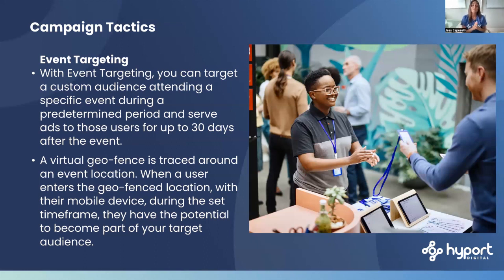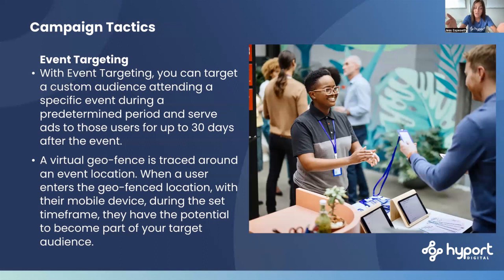An example of this would be, let's say you own a company that builds decks and fences, and there's a home show happening on Saturday and Sunday this weekend in your community. Event targeting would give you the ability to draw a fence around the convention center where the home show is happening and collect user device information into an audience pool based off of the people that are inside of that convention center.